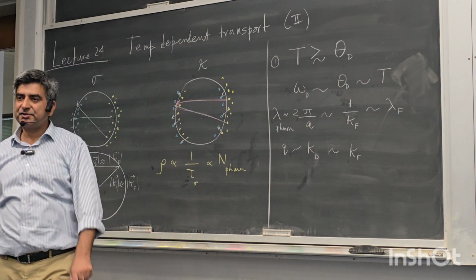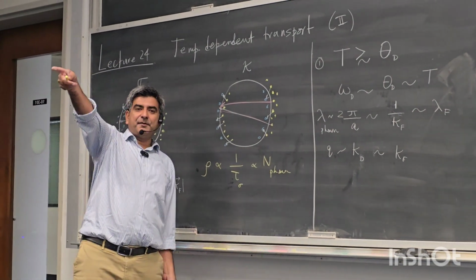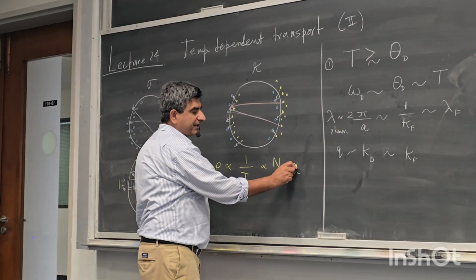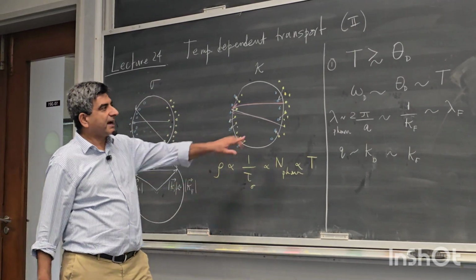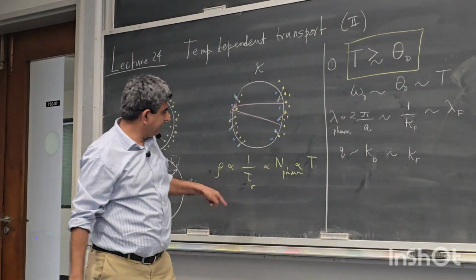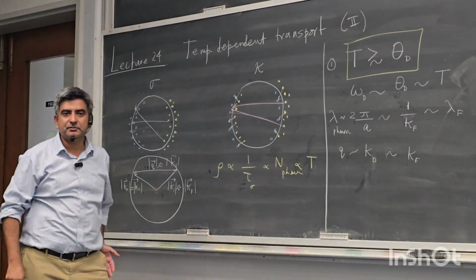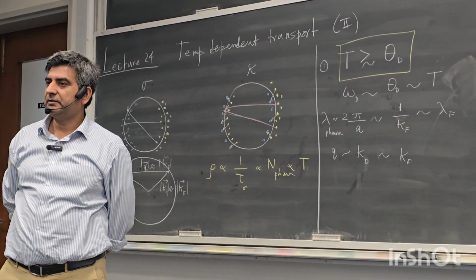And in yesterday's lecture, we observed that the number of phonons at high temperature is proportional to the temperature. So the electrical resistivity at high temperatures is proportional to the temperature. So you increase the temperature, the resistivity goes up for a metal.